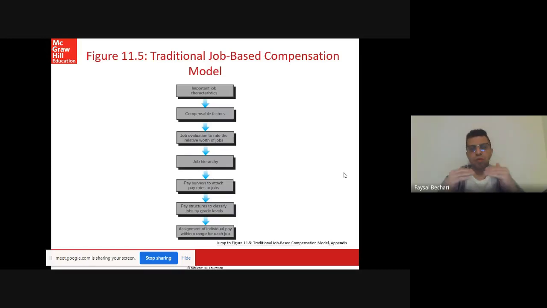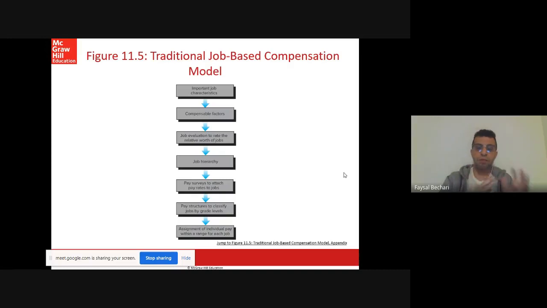And then you see at what level it is in the hierarchy, because once somebody is getting promoted, they expect to get paid better. And then pay surveys to attach pay rates to the job. You do your research, survey how much usually in the market a person with this qualification gets paid. And you set up the pay structures to classify the job and grade level.